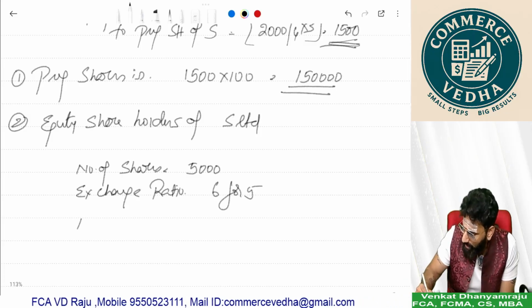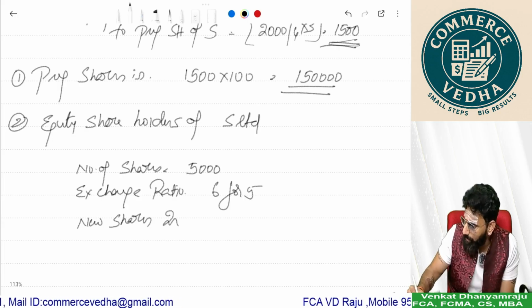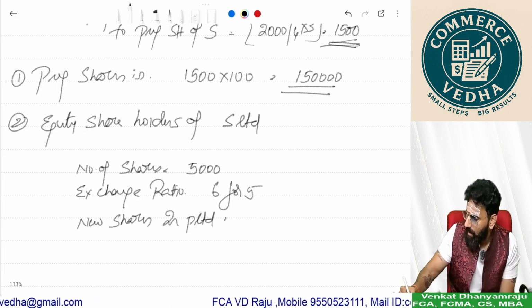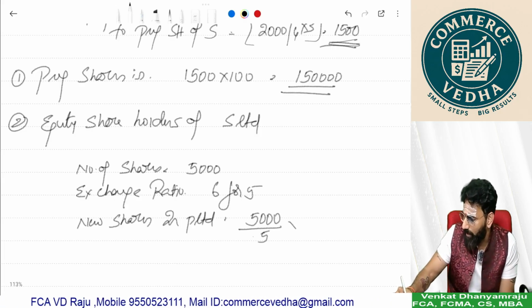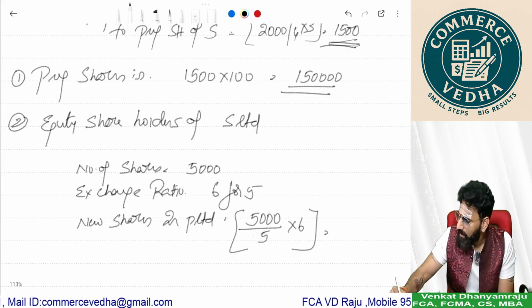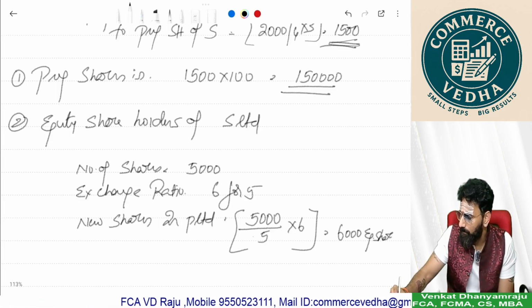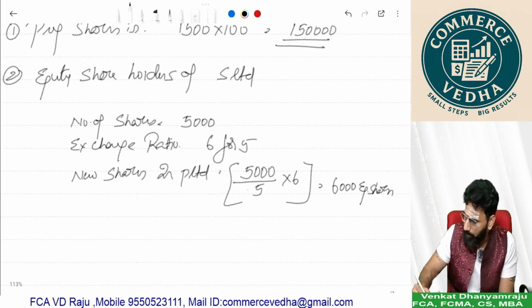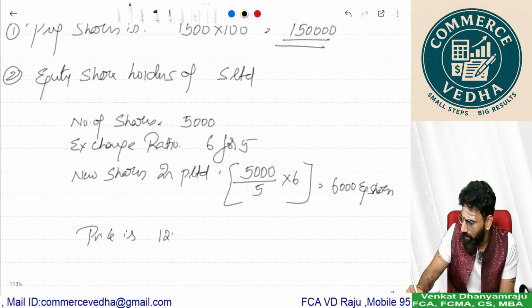So new shares in P Limited, how many should we issue? 5,000 by 5 into 6 is 6,000 equity shares, and the price is 125.